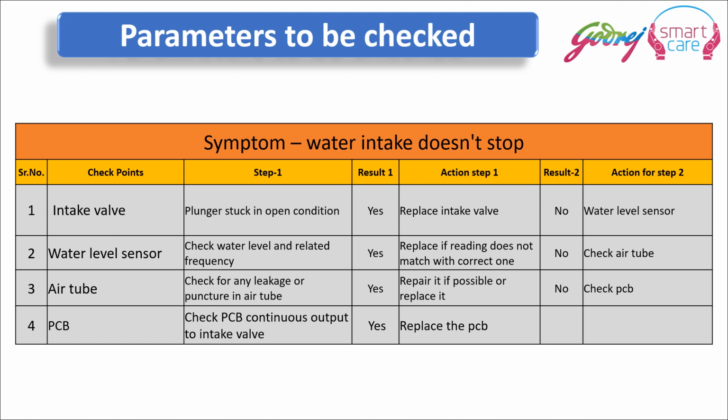We have to replace or repair it if possible. Then we check the PCB continuity outputs to the intake valve. In case there is no output to the intake valve, then we have to replace the PCB.